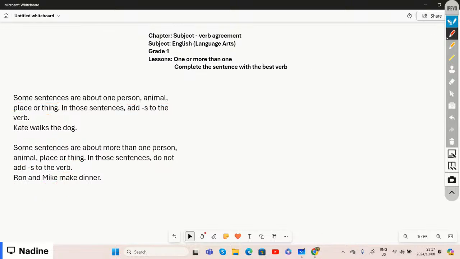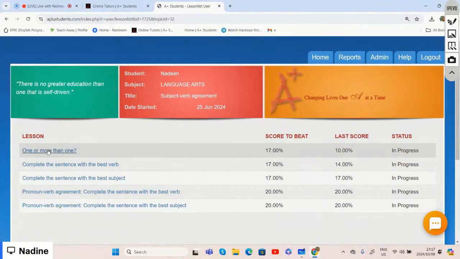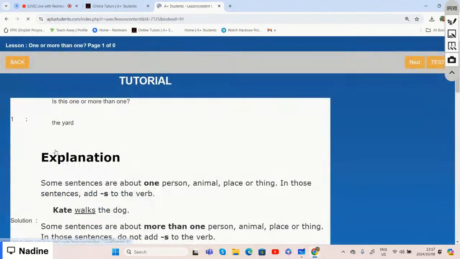The first lesson is one or more than one. Are we talking about one person or more than one person?